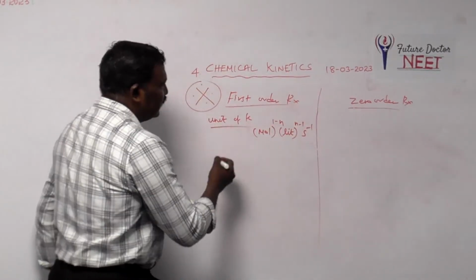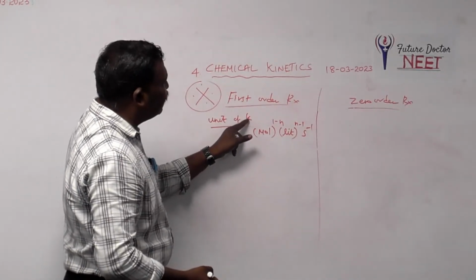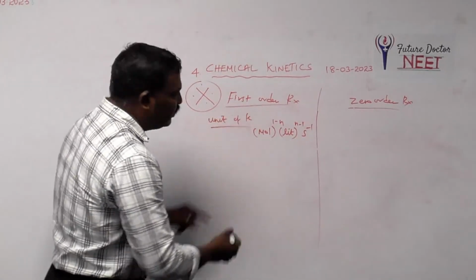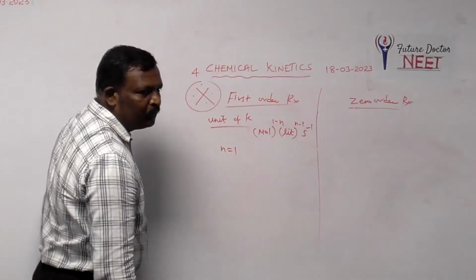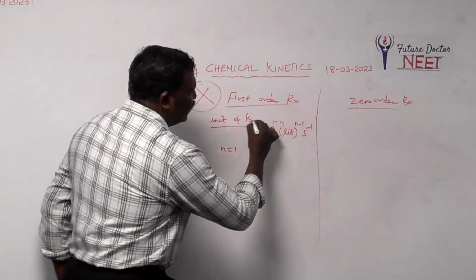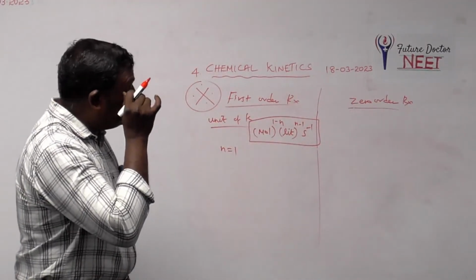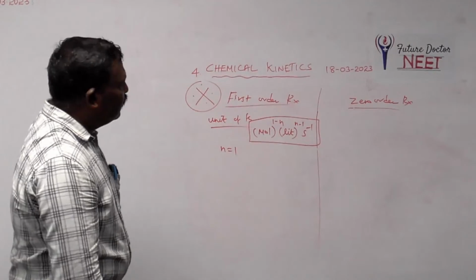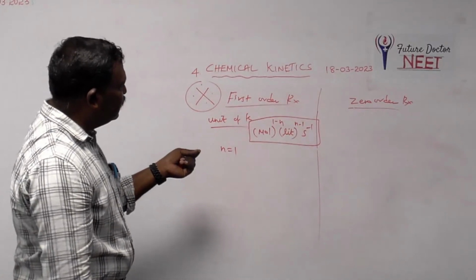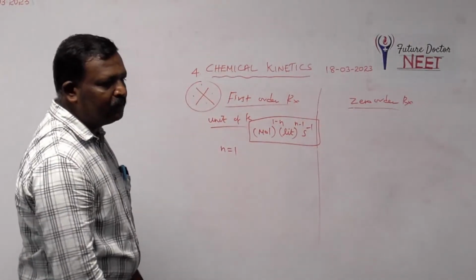Just write it in reverse. Are you following? So we are going to find out unit of K for first order reaction, so n is equal to 1. Okay, this is the formula. You put it in a box. Understood? All the points are important. Formula, unit, all this you put in a box. This one you just memorize.